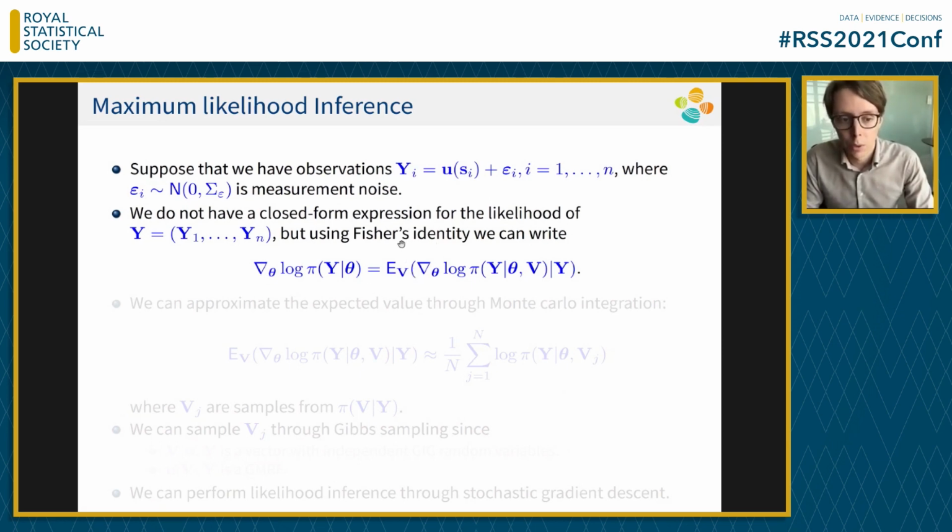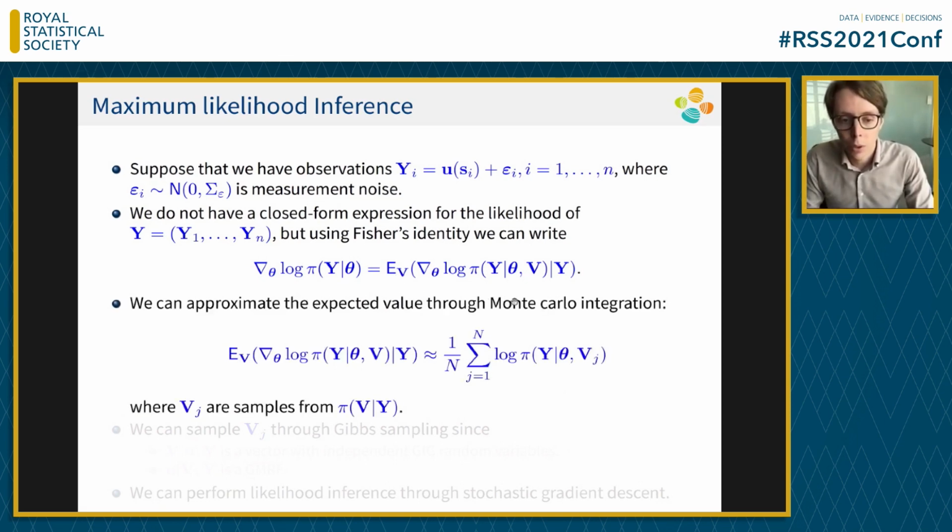If we use Fisher's identity, we get this as an expected value over the posterior distribution of these stochastic variances. And that expectation we can approximate using Monte Carlo integration, just by sampling from the posterior distribution of these variance components, V.